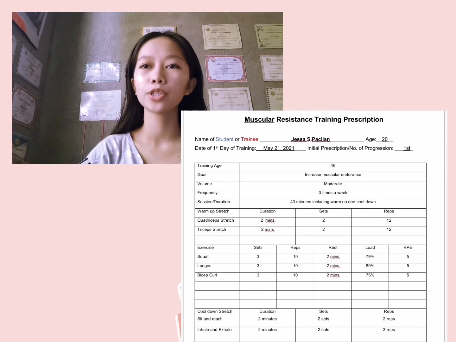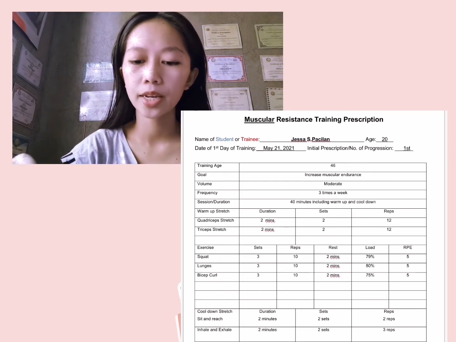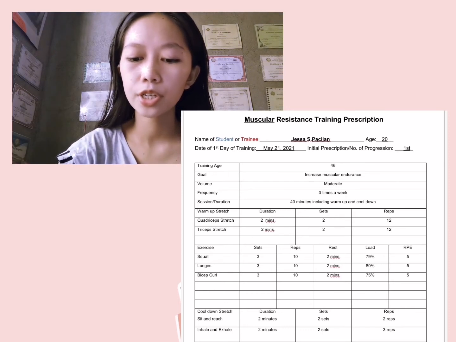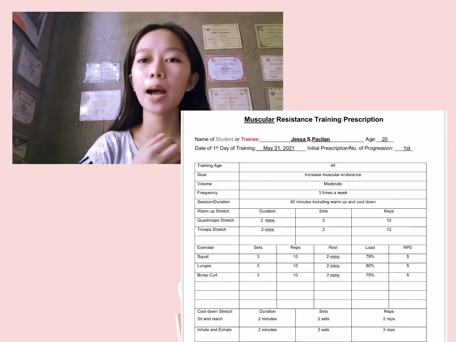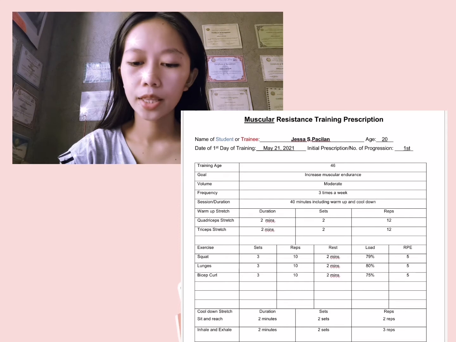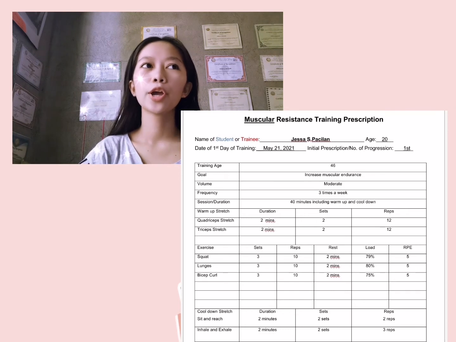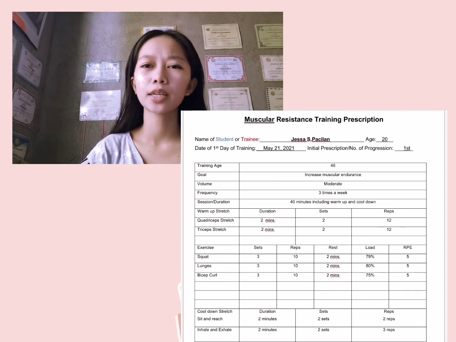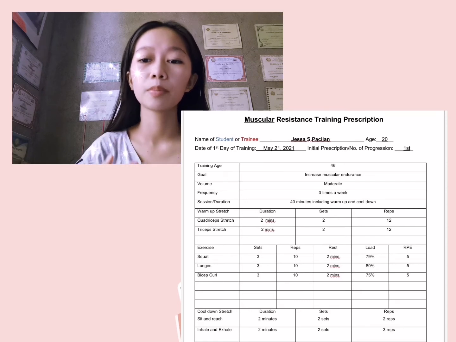My client is going to do these exercises three times a week, and its session duration is 40 minutes, including the warm up and the cool down. So let's proceed to the stretching. Before we go to our specific exercises, we must first do the warm up.